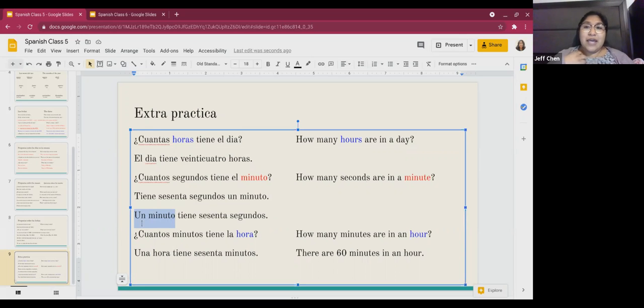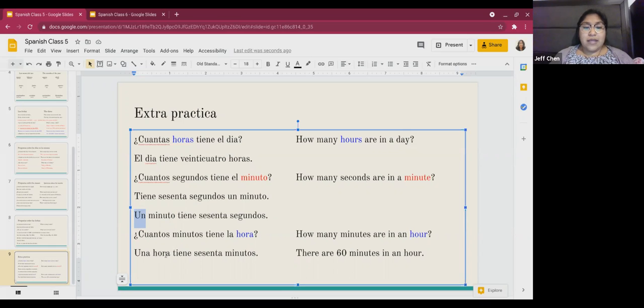In Spanish we have masculine and feminine words. The masculine words end in o. So before you say the masculine word, like minuto, you would say un. Un is masculine for one.